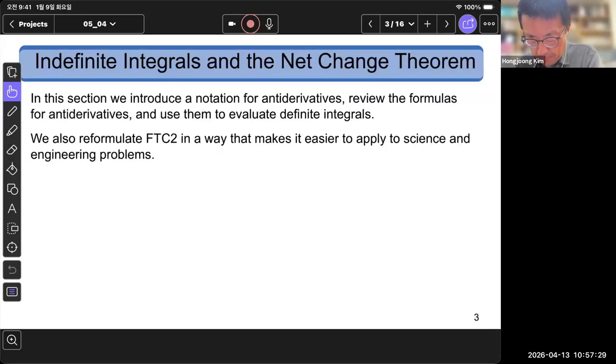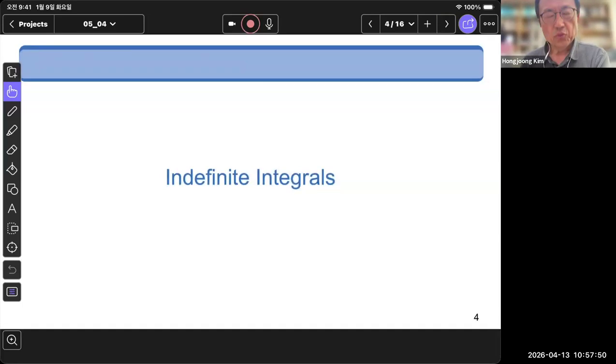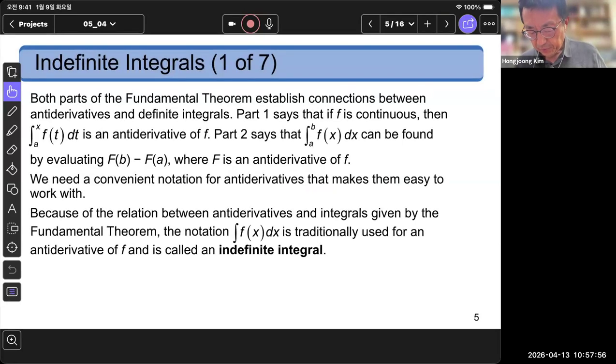Okay, so when I say definite integral, we integrated a certain function from a to b, right? From say 1 to 3, like this. In this section, we want to consider a slightly different approach.